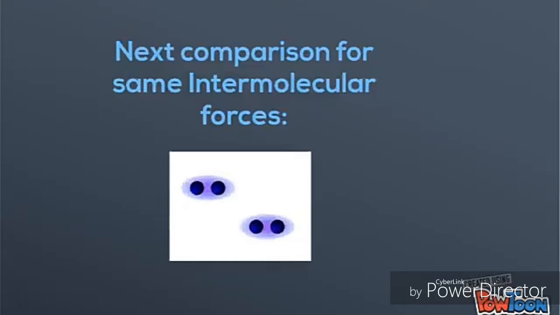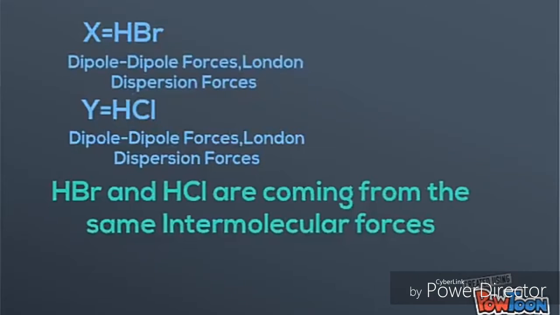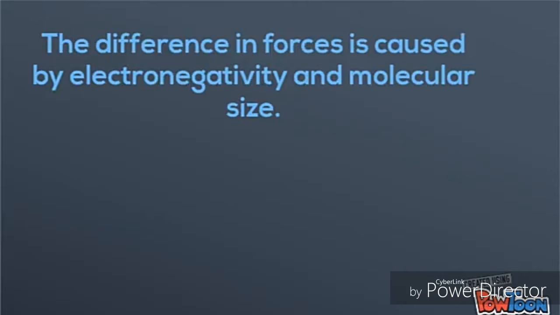Next, comparison for the same intermolecular forces. We assume that X is hydrogen bromide and Y is hydrogen chloride. Hydrogen bromide and hydrogen chloride come from the same intermolecular forces. The difference in force is caused by electronegativity and molecular size.